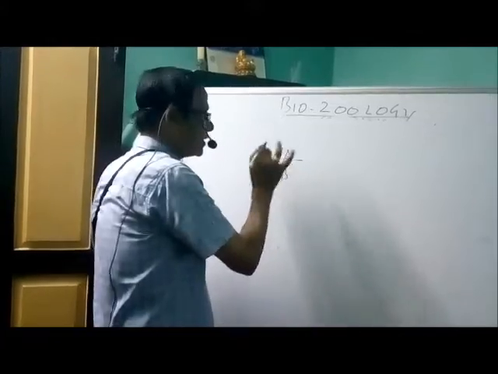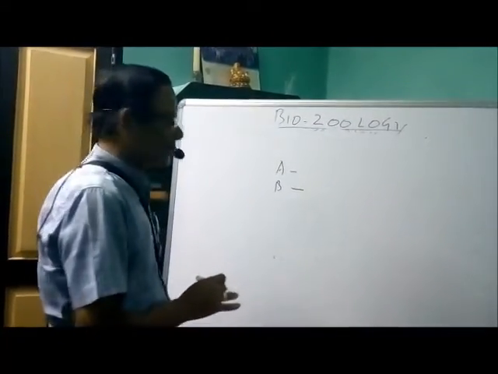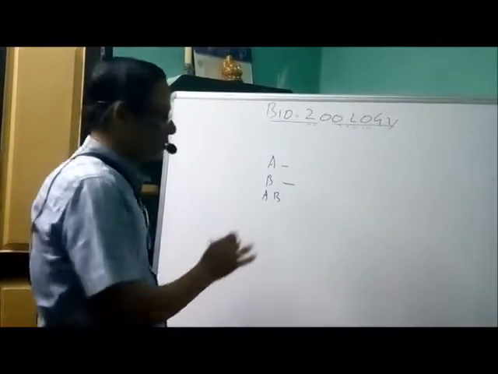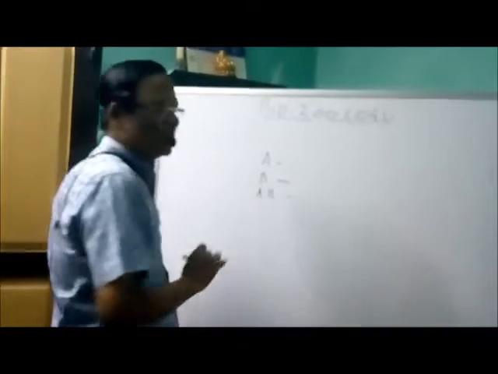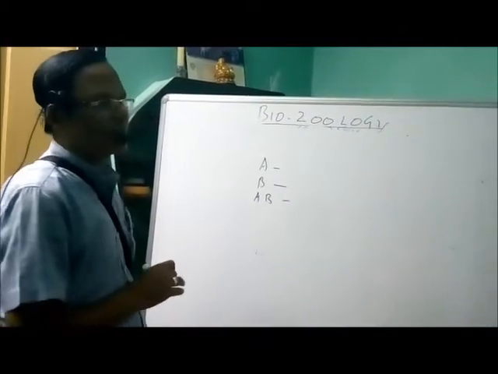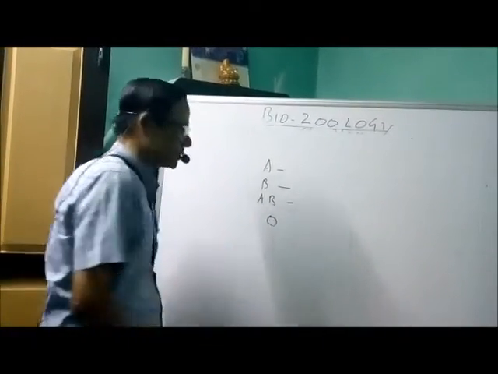People with the B antigen are said to be B blood group persons. People with both the antigens A and B have AB blood group. And people without either of these two antigens are called O blood group persons.